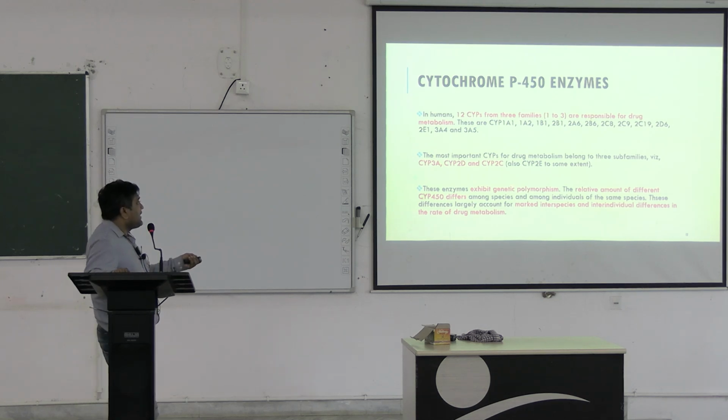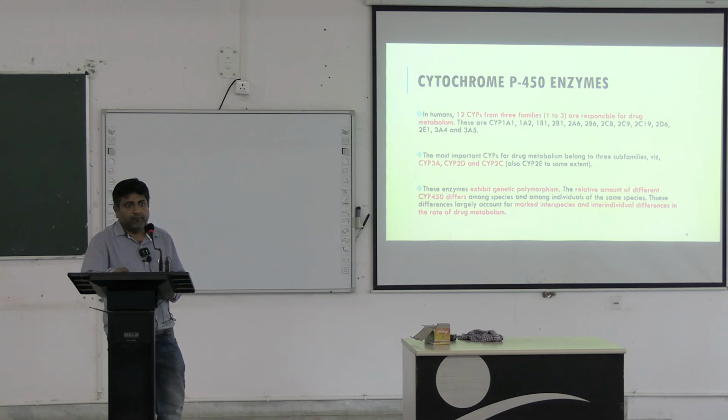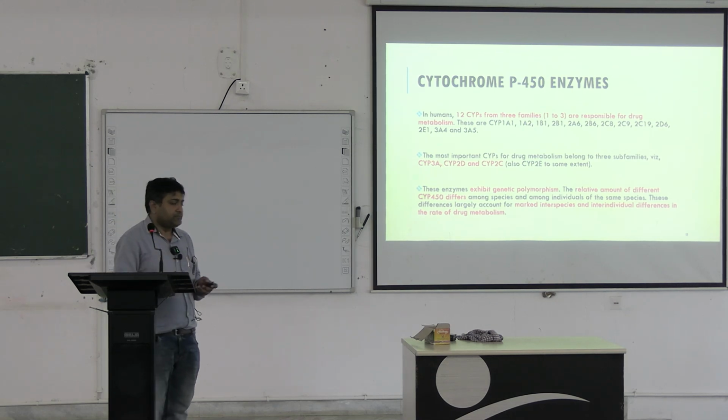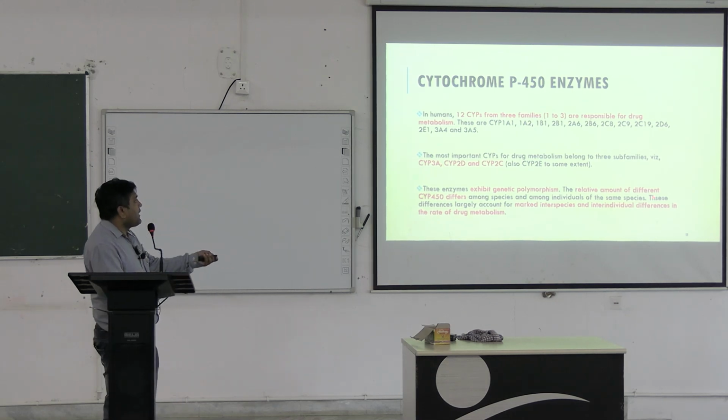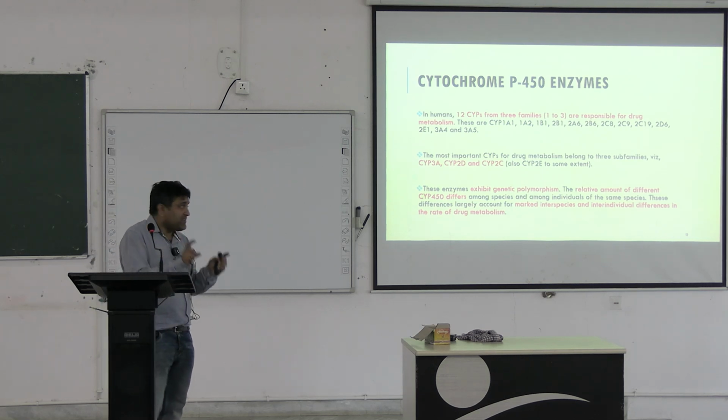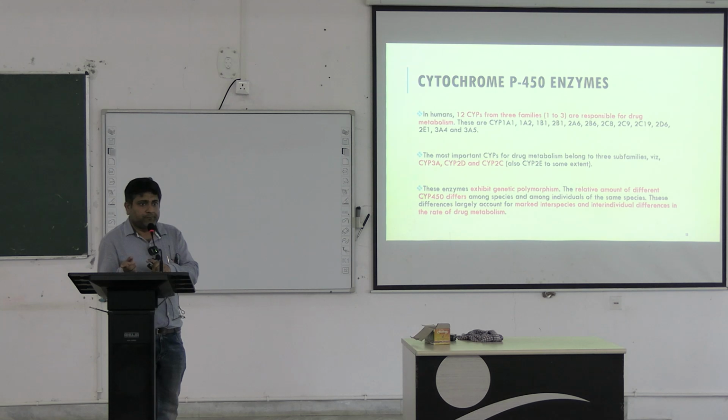Now, these enzymes exhibit genetic polymorphism, meaning some of them show genetic variation. The relative amount of different CYP450 differs among species and among individuals. So, the rate of drug metabolism shows inter-individual and inter-species variation.